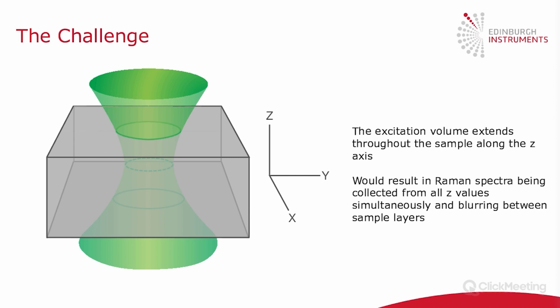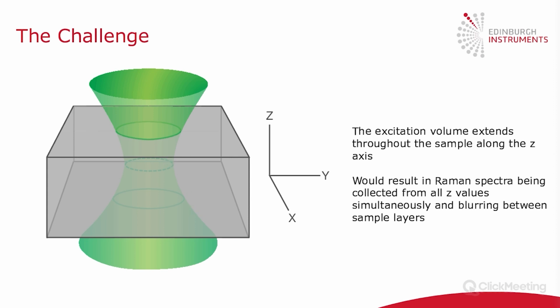So the main challenge to get any information along this depth, or z-axis, as it's more commonly called, is that when you excite the sample, so if the objective lens is up here and the laser's coming in, you get this three-dimensional excitation volume.